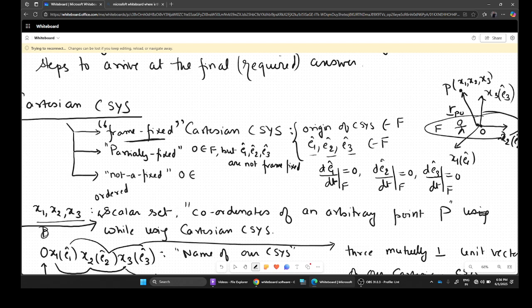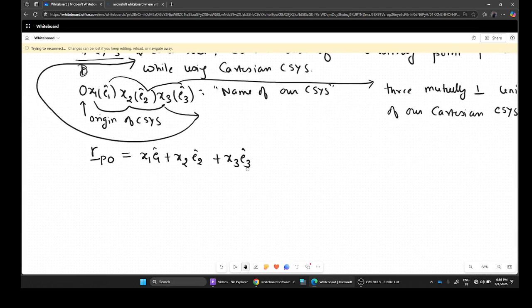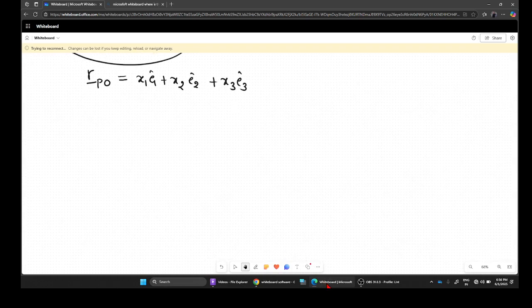In this case, O is not fixed in F, and even E1, E2 and E3 are not fixed in F. In that case, our Cartesian coordinate system has no association, no fixation, no direct relationship with the frame F. It neither has its origin fixed there, nor its unit vectors fixed to frame F. So these are the different possible ways in which a Cartesian coordinate system can be utilized.